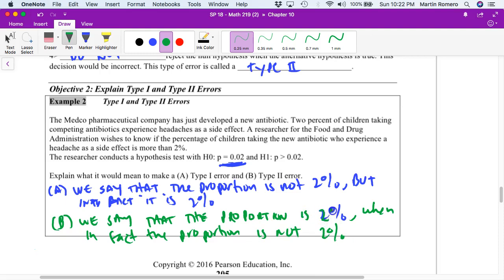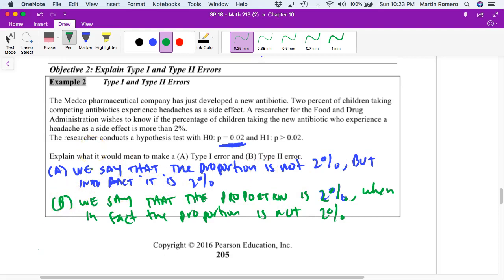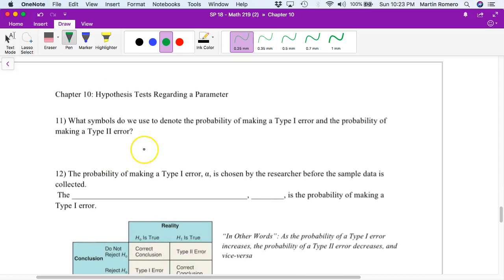And so that would be a type 2 error. We said the proportion is 2% when in fact it's not. Type 1 is to say the proportion is not 2%, but in fact it is 2%. That's a type 1.